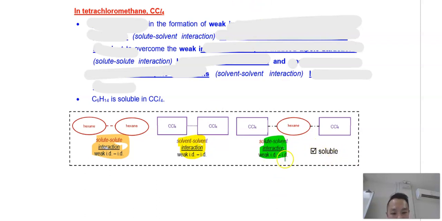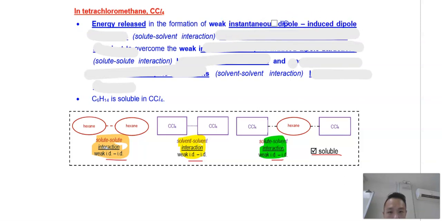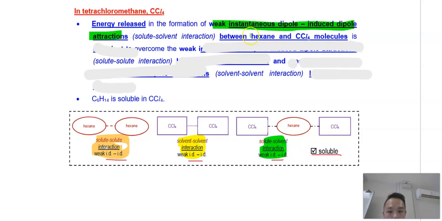Because it's ID-ID, ID-ID, ID-ID, they are comparable in strength, we expect it to be soluble. So in the phrasing, same thing: energy released in the formation of the weak ID-ID between hexane and CCl4 molecules, that is your solute-solvent interaction, is sufficient.